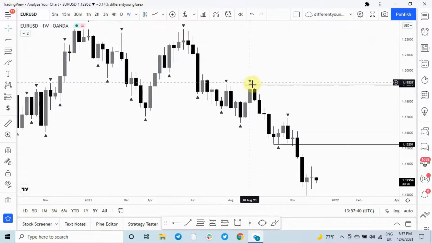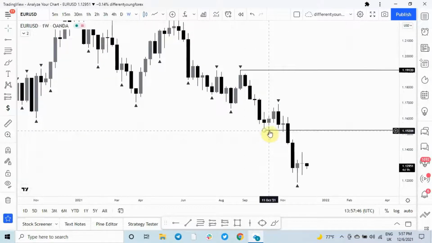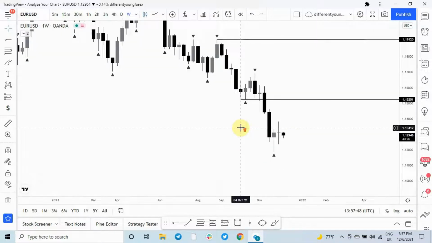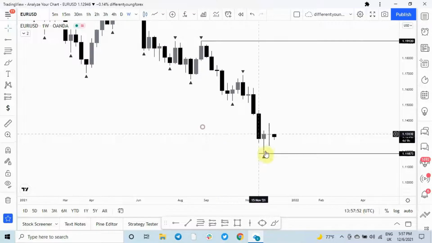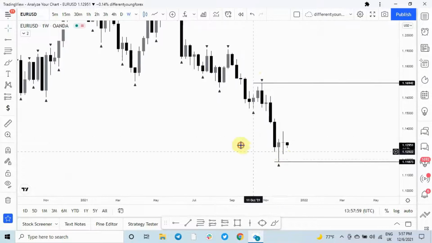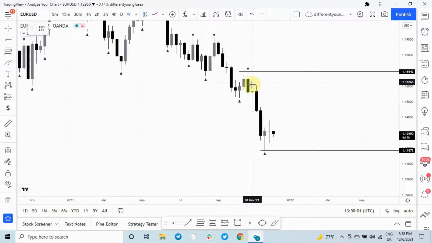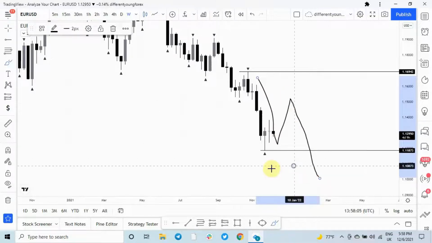So the market came down, then pulled back and dropped again, so our new weekly low will be this, and our weekly high will be this, based on the fractal nature of price action. So we are still bearish and we expect a further drop based on the weekly time frame.